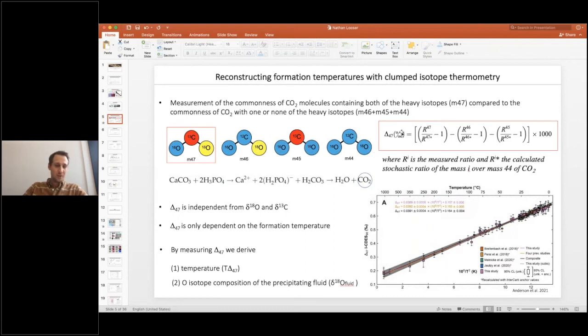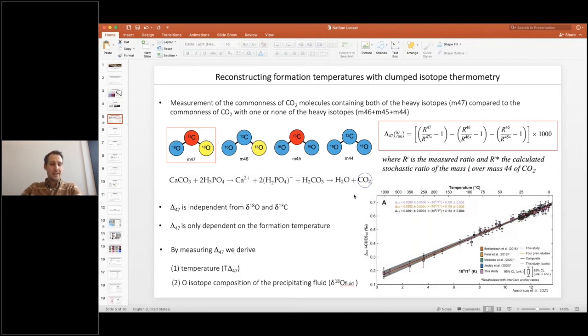Anyway, that's not too important for you. Important is that clumped isotopes is always, in my case at least, delta 47. So what we do, we get the carbonate, we digest it in phosphoric acid, and from that we derive the CO2, we purify it, and then we ionize it and measure the clumped isotope composition by IRMS.